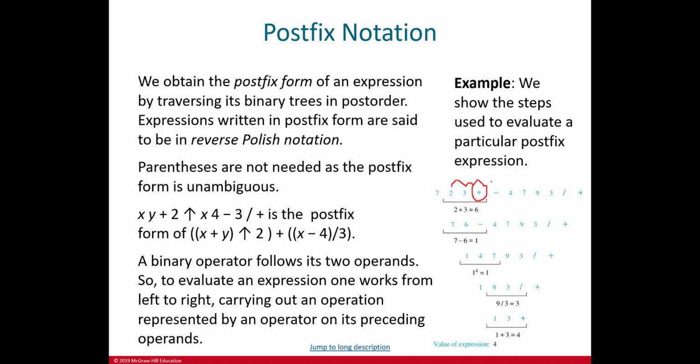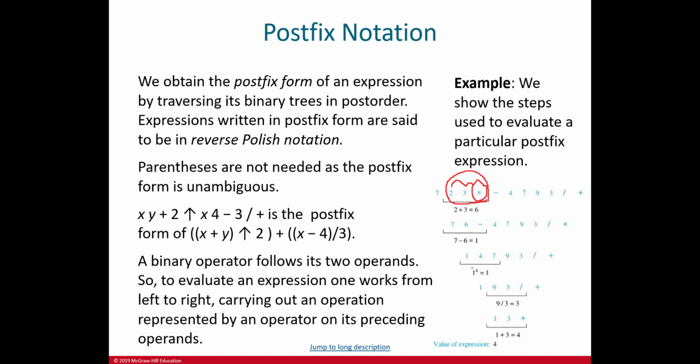Now we want to remove this part and replace it by 6. So next I have 7, 6 minus, and then the remaining expression. The next operator is minus, and the previous two operands are 7, 6. So 7 minus 6, we get 1.